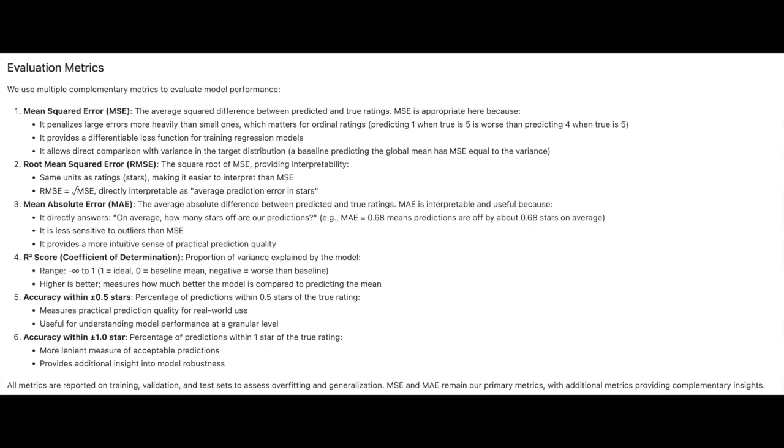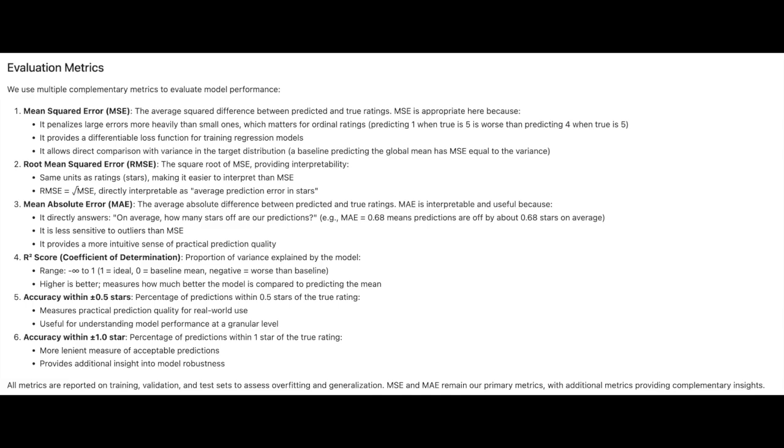I explain how I evaluate this regression task under the evaluation metrics subheading, where we use mean squared error, which penalizes large mistakes, root mean squared error, which puts the error back in star units. So if the RMSE is say 0.8, that means predictions are off by 0.8 stars on average.